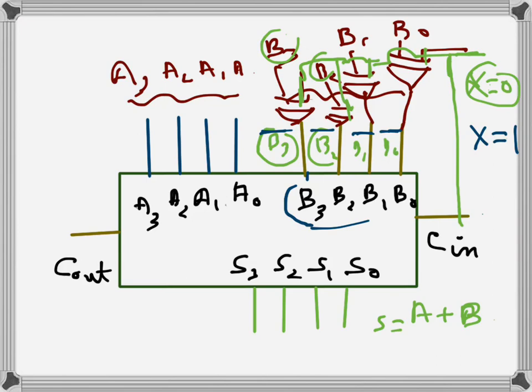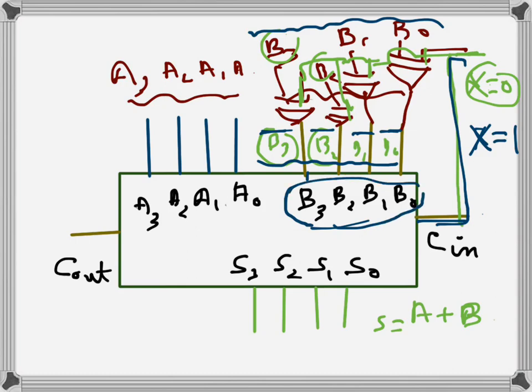So in the end we are getting 2's complement of this 4-bit binary number when X is equal to 1, because here we are getting 1's complement, and then one more is added because the same X is connected here as carry in. So here we are still getting 1's complement, but after that this C in will be added to that as well, so we are getting 2's complement.